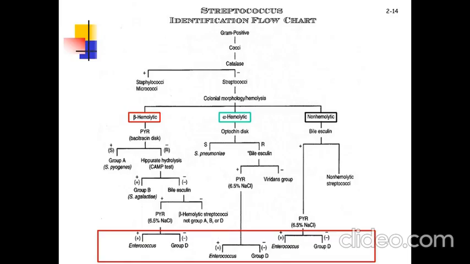If we go back and look at our flow chart, we have the Lancefield categories down at the bottom. So Enterococcus and group D, you can see, doesn't really matter the hemolytic reaction. If you're not getting them to fall out somewhere else in group A, group B, then typically we'll end up down near where Enterococcus and group D are. Now, we will stop at that point.